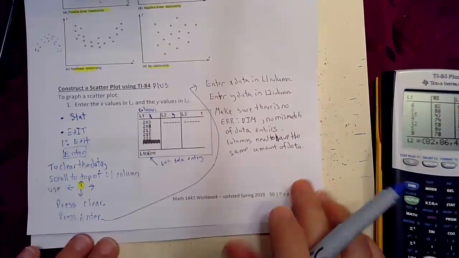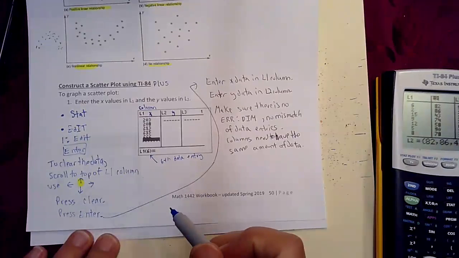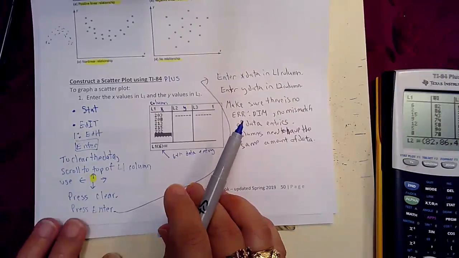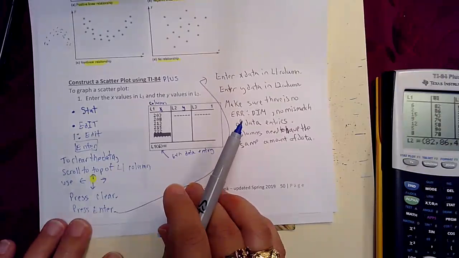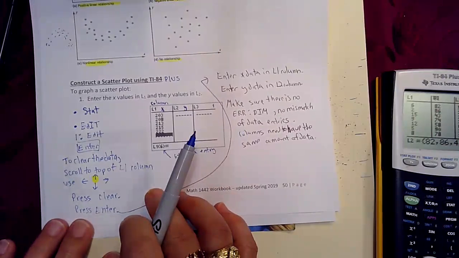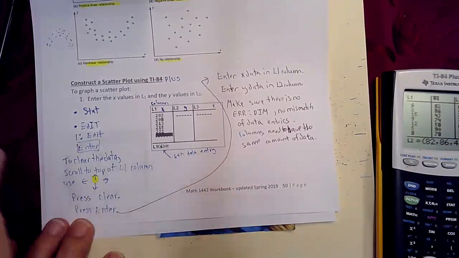I think I'm going to put a comment here about the delete. I have here to clear the data. Scroll to the top of the L1 column and use that. I think I'm going to reword this a little bit.